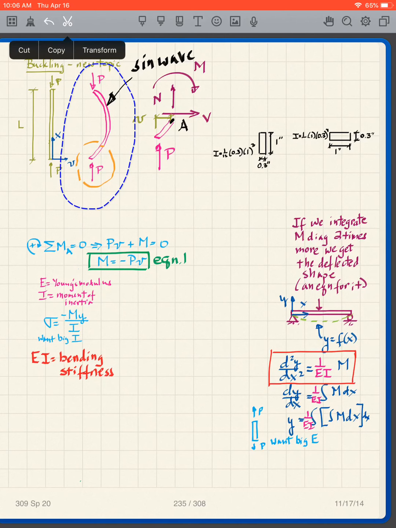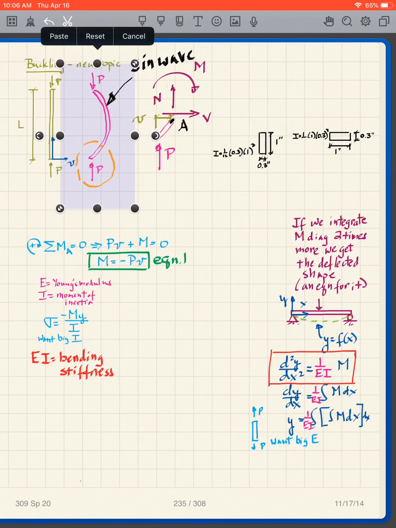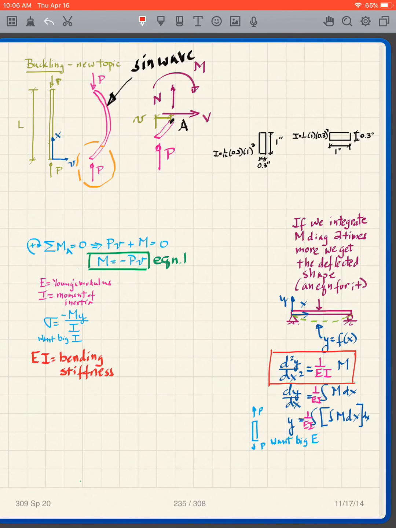I want to rotate this thing. I guess I can't do it, but if you look at this sideways, you can see it looks like a beam that's bent. So this particular shape that it takes is a sine wave.